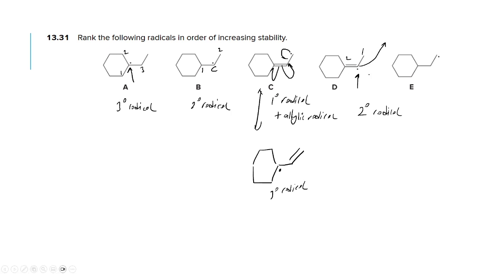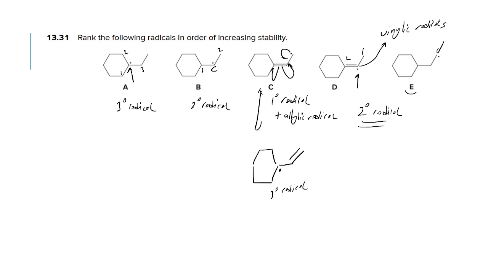So this type of radicals are called vinylic radicals. Okay, so vinylic radicals are extremely unstable. This is a known fact. Even though this is a secondary radical, the radical is on a carbon having a pi bond. Let's move to the option E.